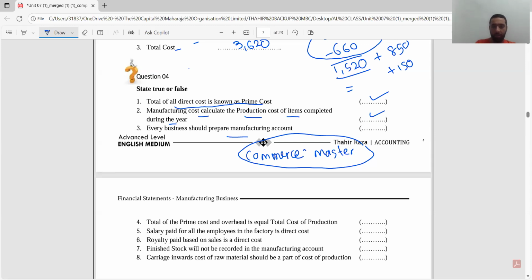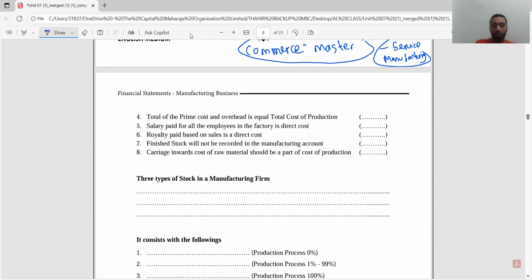Yes. Okay. So is this a manufacturing or a service? This is a service business. So do I need to prepare manufacturing account? Oh, no. Right? So that is why this is wrong. Right? So let's move on.